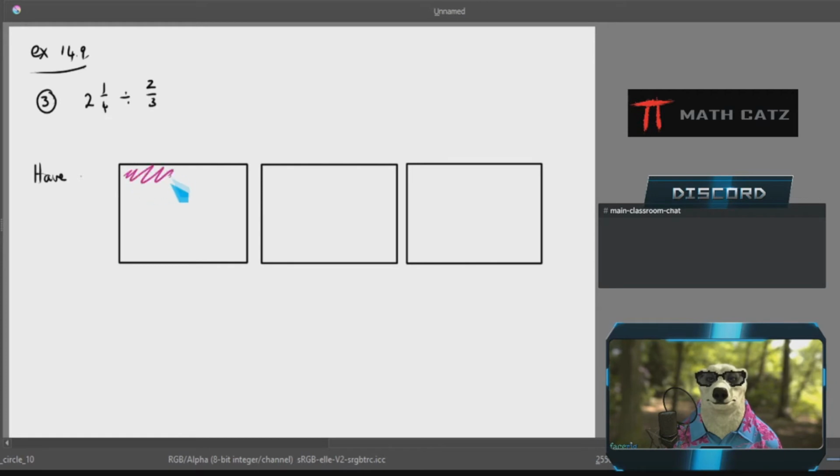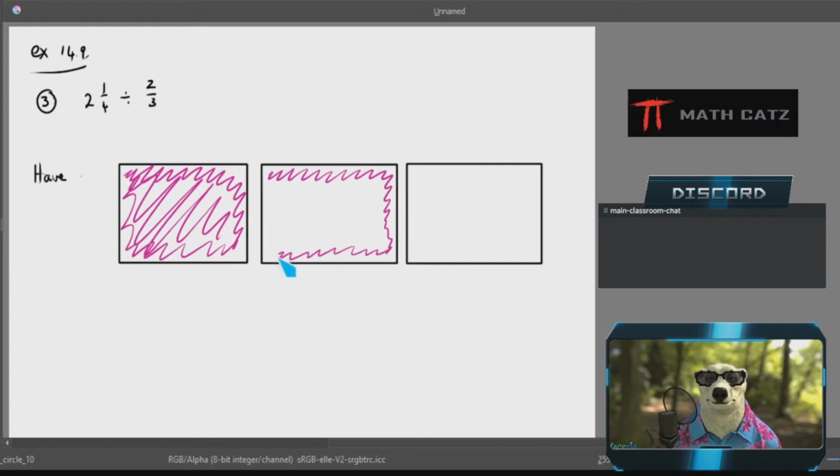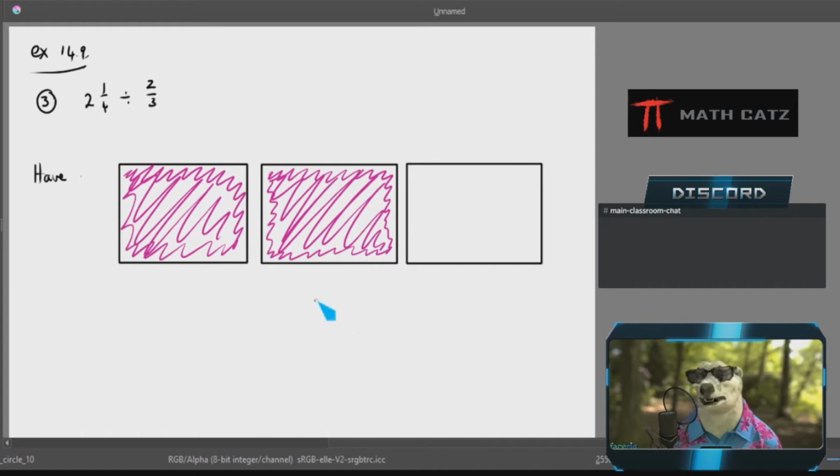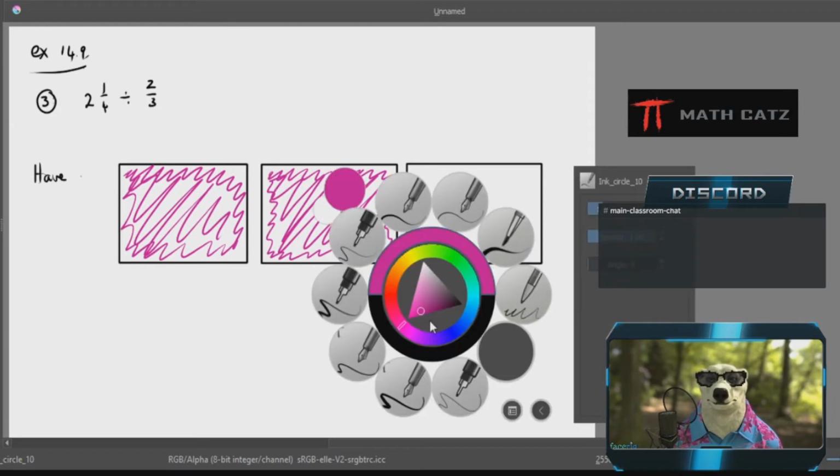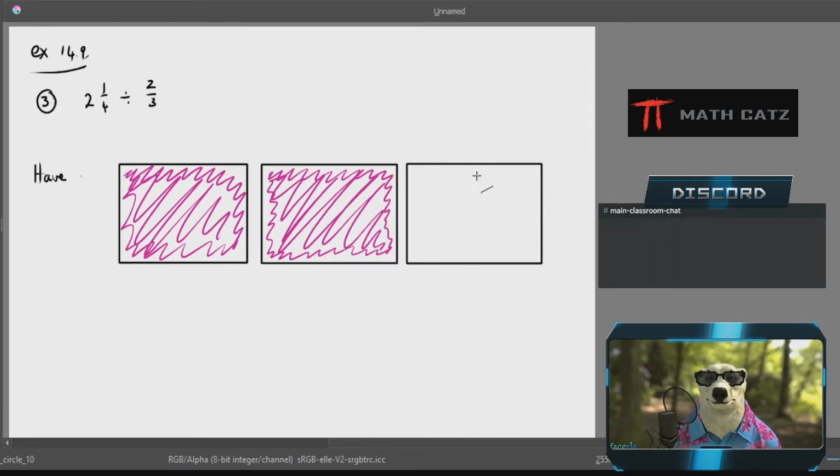I have the whole first 2 whole rectangles. So at this stage, I see no need to break them up. Of course, with enough experience, having done some examples, I know I'm going to have to. But in the case of addition, I didn't. So it really depends. Definitely splitting up the last one into 4 slices.